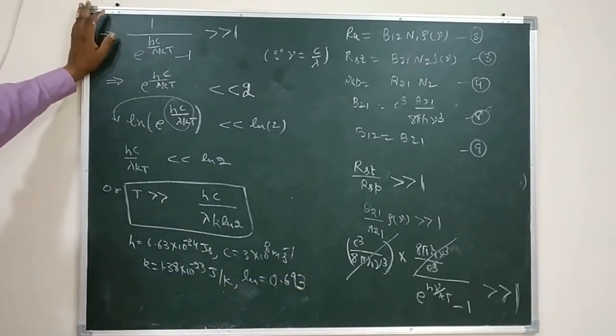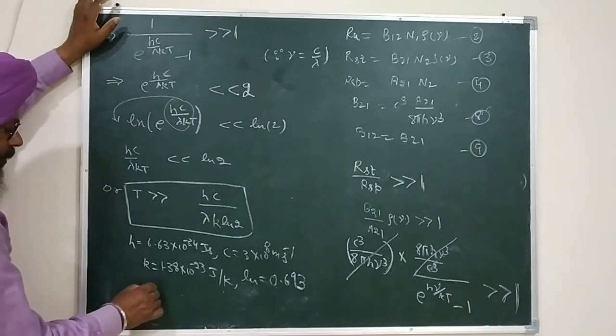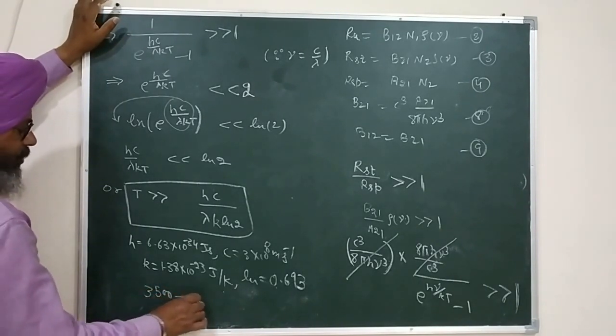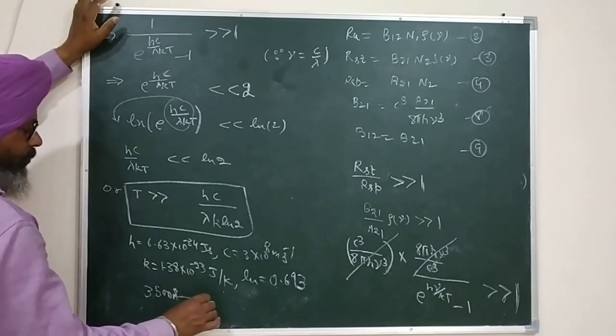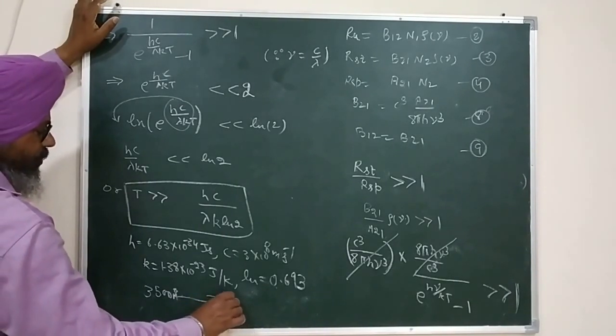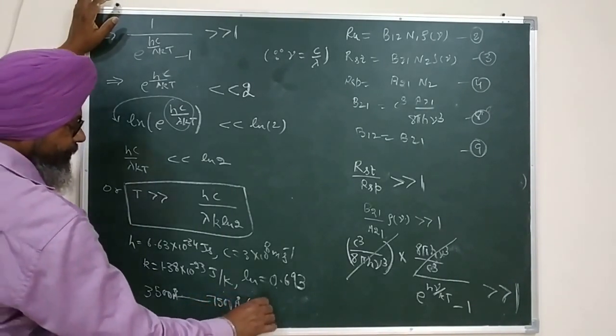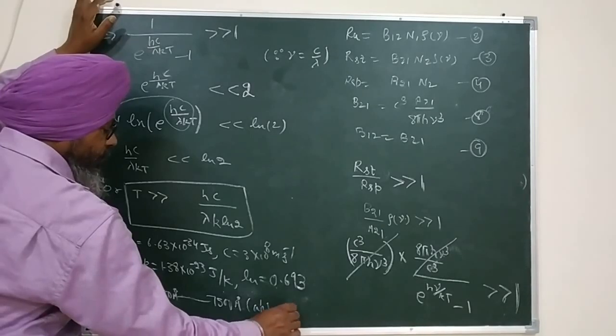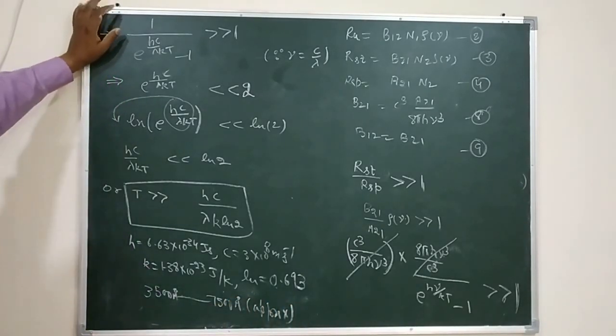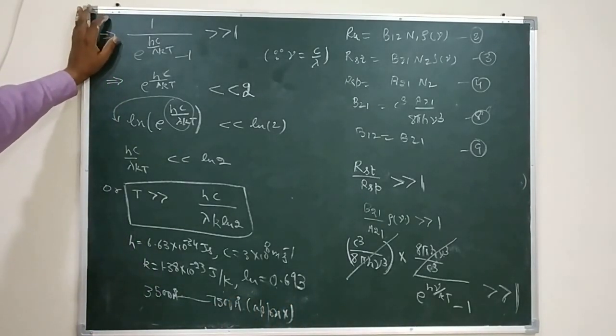The only thing that we have to decide is lambda. Since I am talking about visible region, which actually extends from 3500 angstrom to 7500 angstrom approximately, because different books give different wavelength range for visible region.